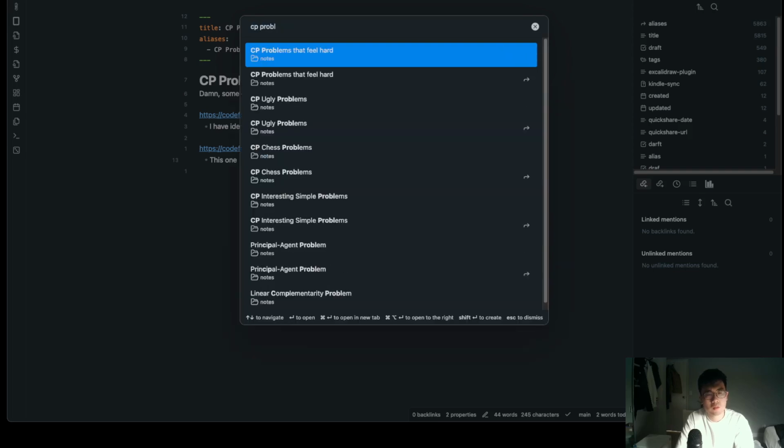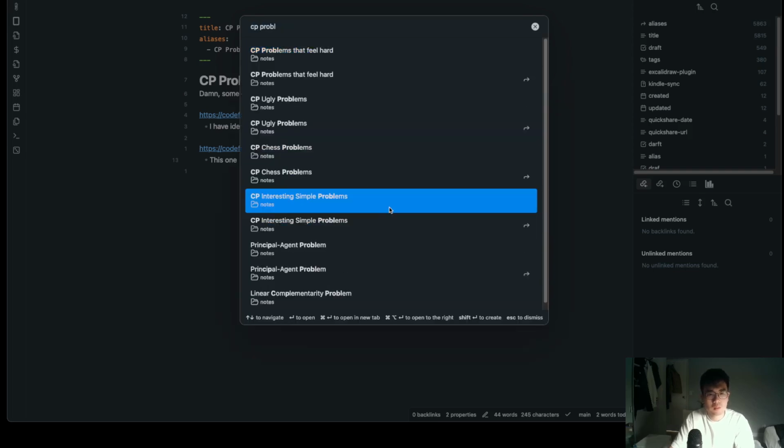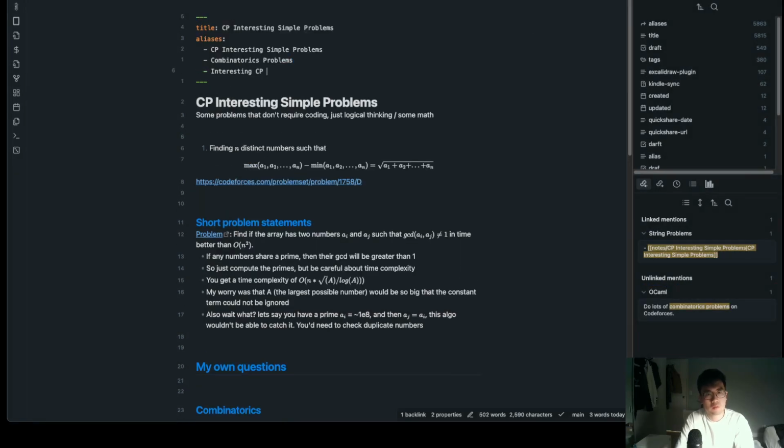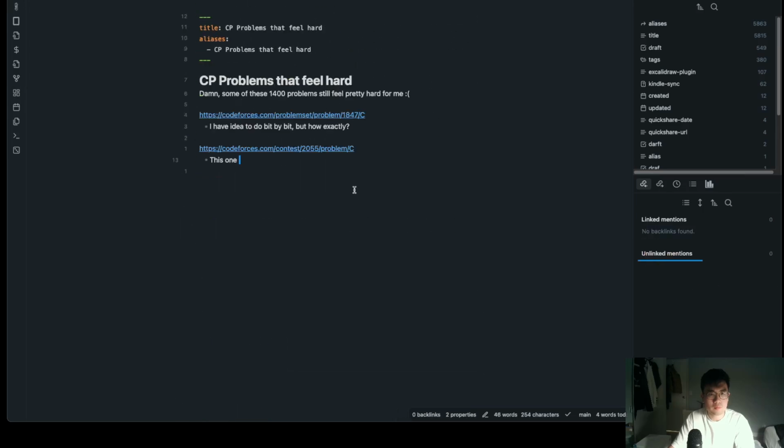CP, zippy, interesting. Math for the grid that's summing.